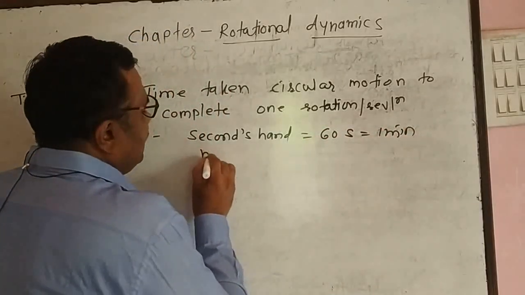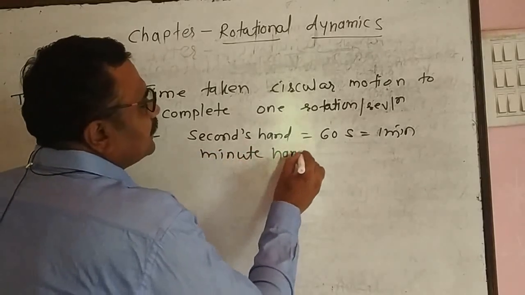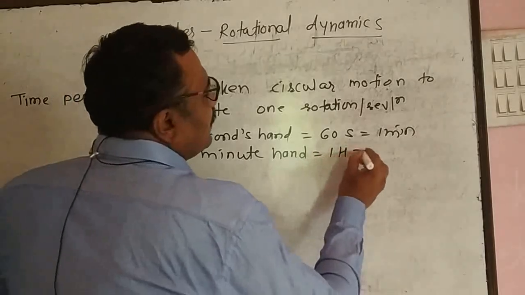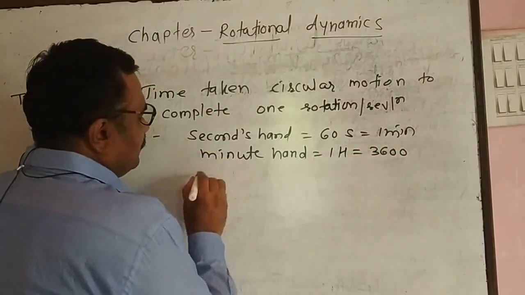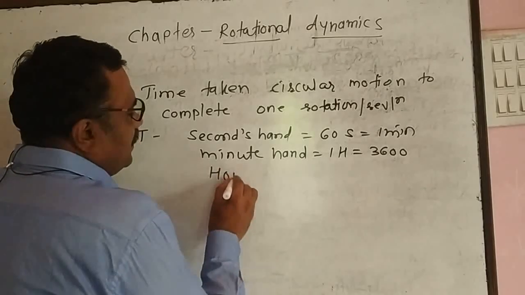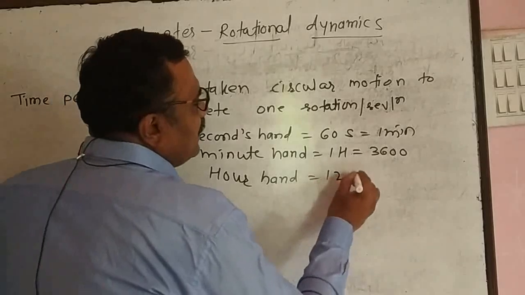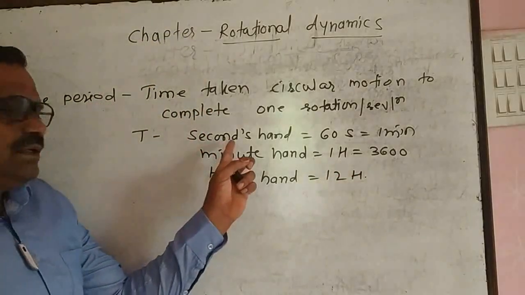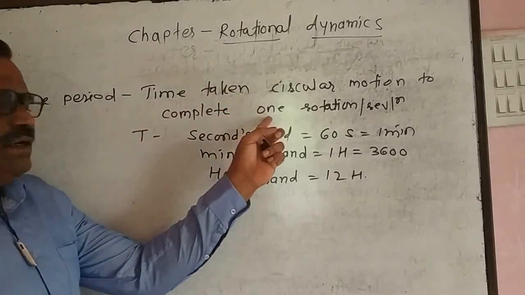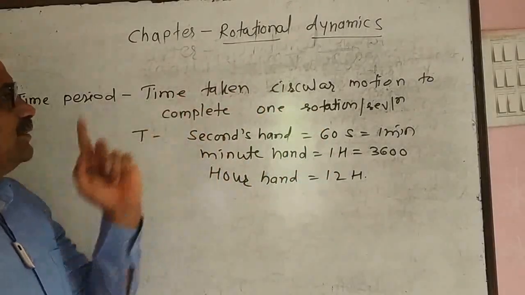Time period of the minute hand is equal to 1 hour. Time period of the hour hand is equal to 12 hours. In this way, time taken by the particle to complete one rotation along the circumference of a circle is known as time period.